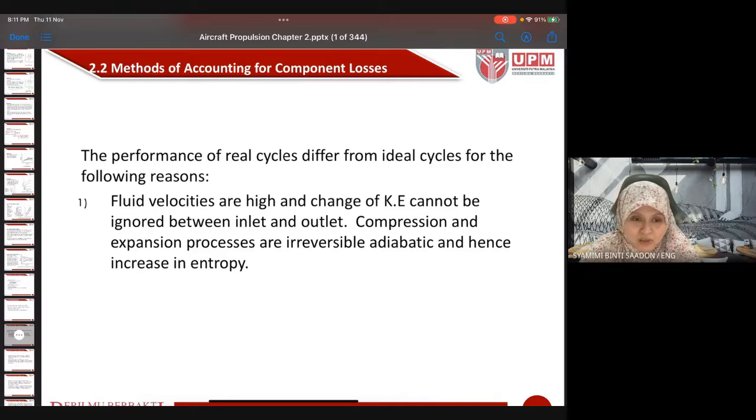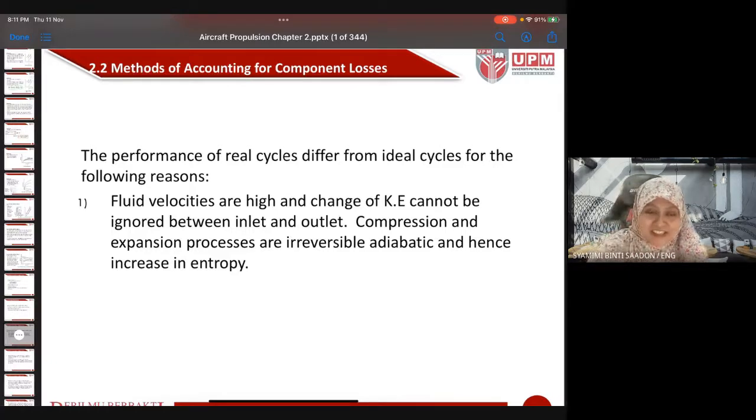So that's why in reality, the compression process in the compressor and the expansion process in the turbine are actually irreversible adiabatic. Just now we assumed it is reversible adiabatic, that is isentropic, but in reality of course it is irreversible and there is an increase in entropy.